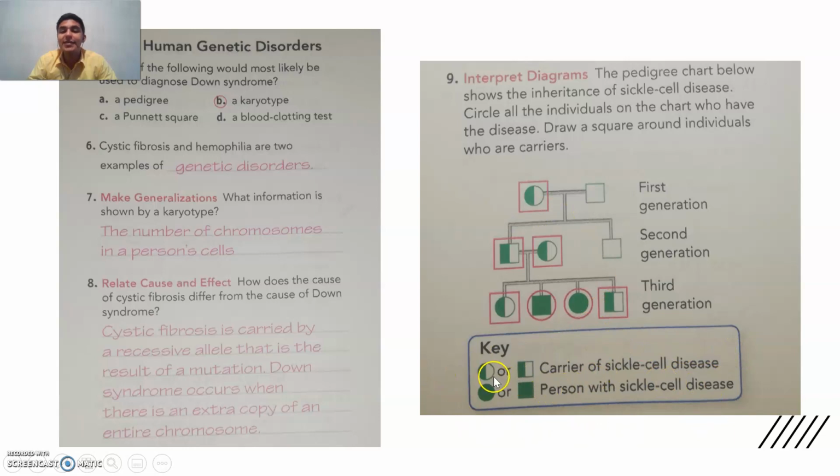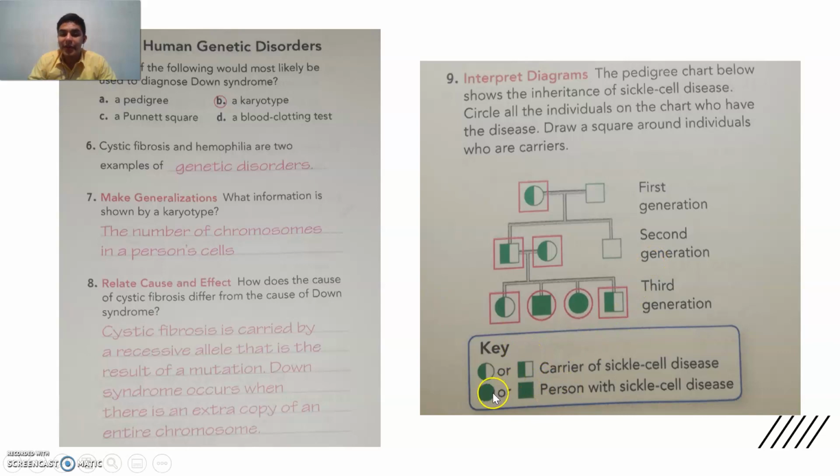If the person is represented by a circle or a square with only half of the inside painted, then the person is just a carrier of the sickle cell disease. So let's try to track the ones shown in this diagram. This one, this one, this one, this one, and this one are only carrying the disease. They are not fully painted.